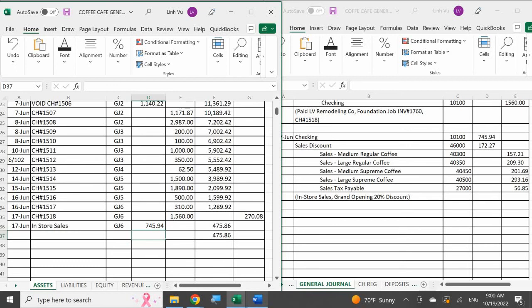So here you go, I already did the deposit. Since I deposited the money, now I have a positive $475.86. So I will definitely have enough to cover my check.